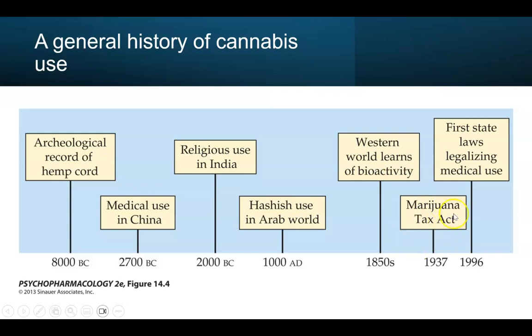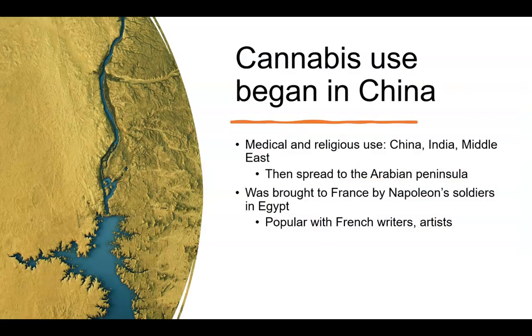The Marijuana Tax Act, which was passed in 1937, but largely through propulsion by Henry Anslinger, is going to come into play. And then the first state laws that are legalizing medical use are passed in 1996. So cannabis use actually began in Central Asia, most likely China.